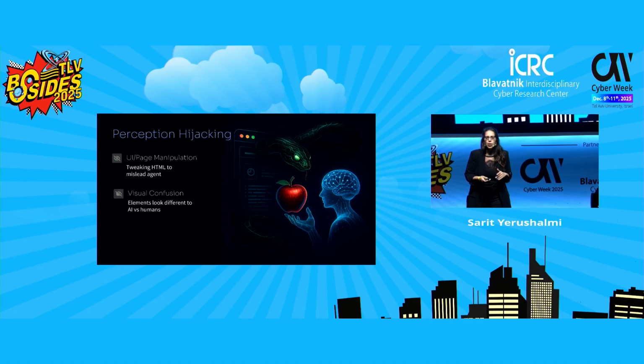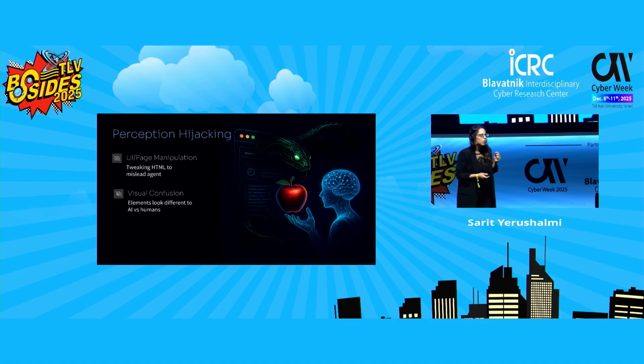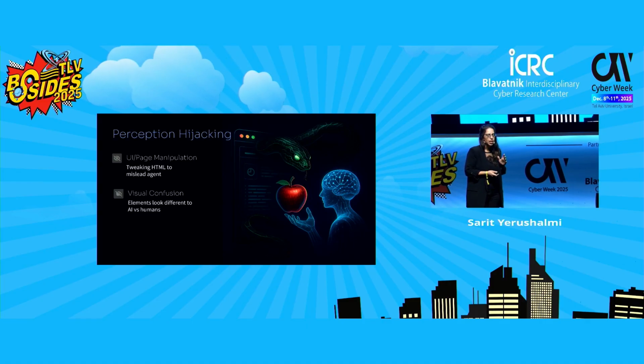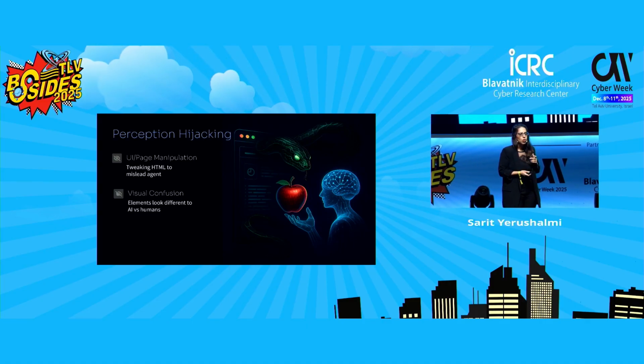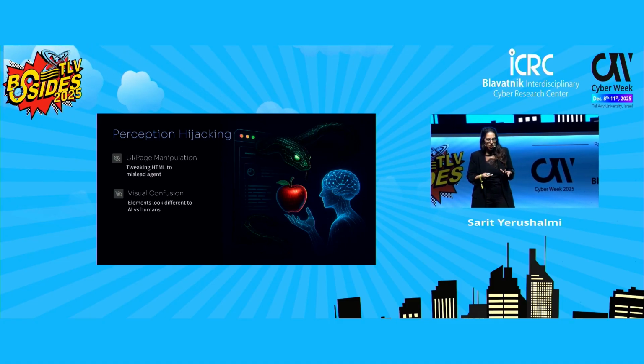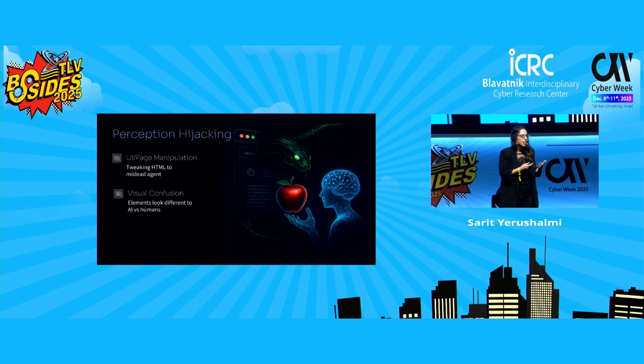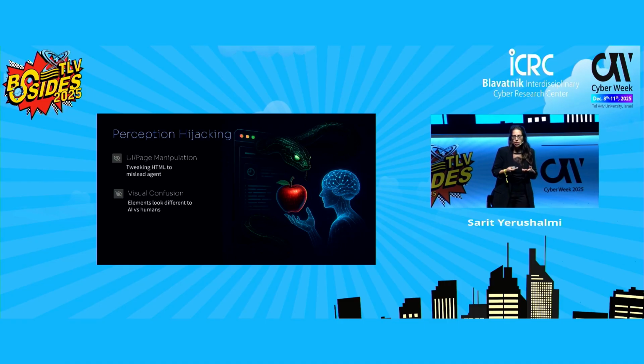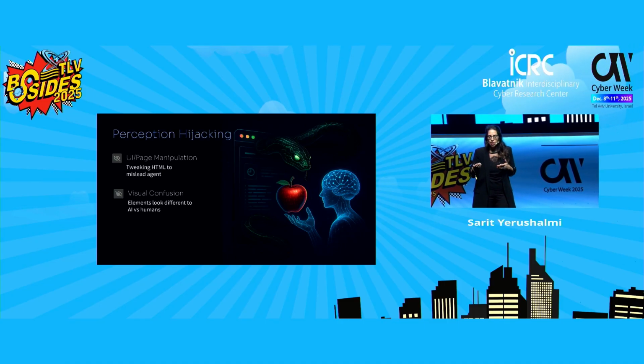It doesn't have to be complex. Even a small visual change can fool the agent. The result is what we call visual confusion. The agent believes that it is performing the right action, a safe one, but in reality it is being guided into a trap, from redirects and malicious sites to drive-by downloads.